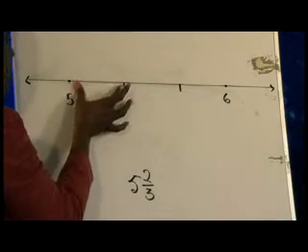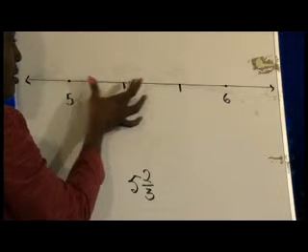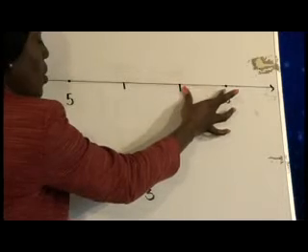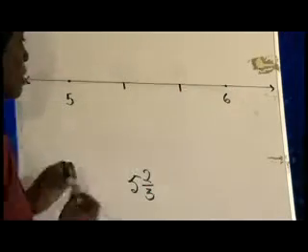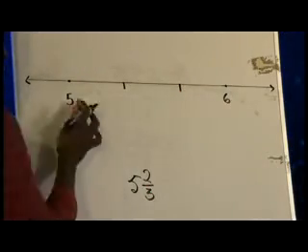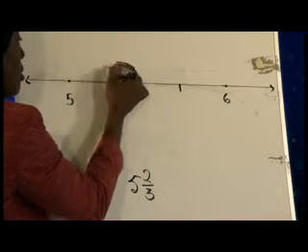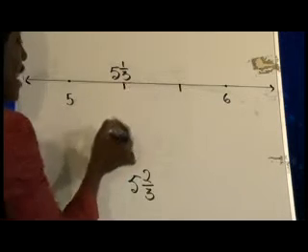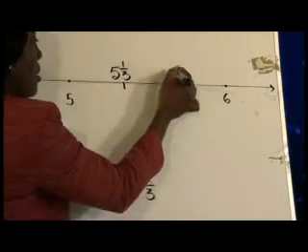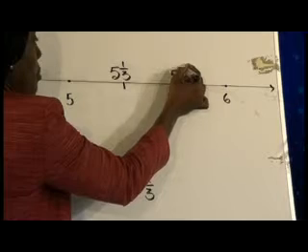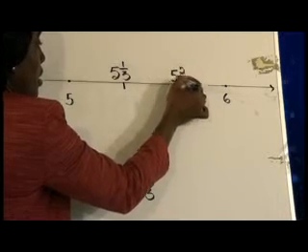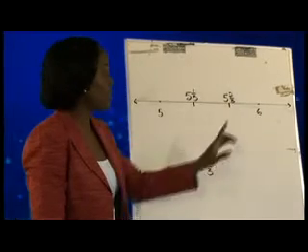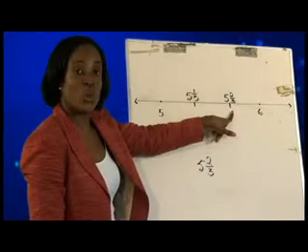Therefore, this is a third of that space, this is another third, and this is also another third. Which means 5 1/3 would lie here, 5 2/3 would lie about there. Our number in question is 5 2/3.